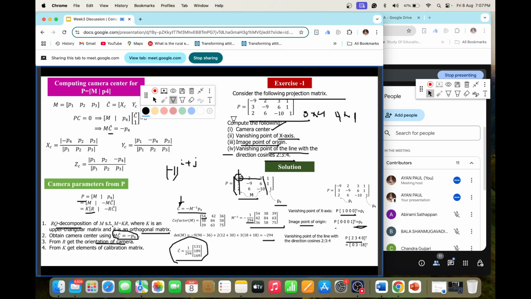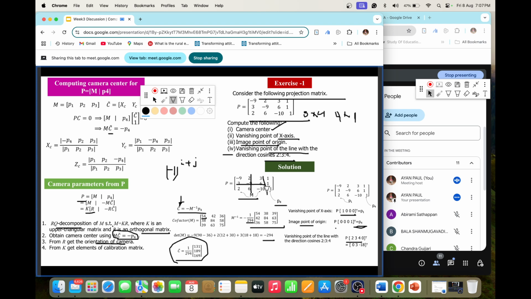Yes, sir. I remember. Okay, let's take an example of another point so it will be more clear how we can get the cofactor of this minus 9. What do we have to do? We hide this row and this column.